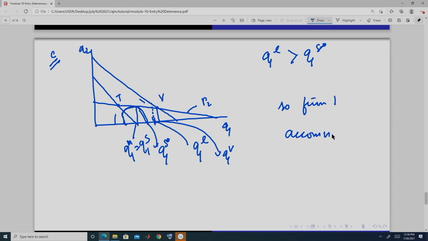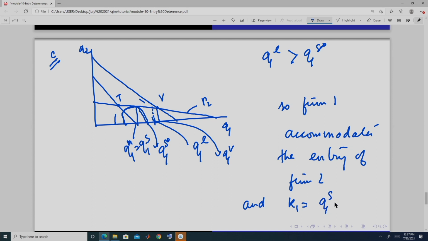So, firm 1 here accommodates the entry of firm 2, and K1 is equal to K1S, and it is equal to this. Okay.